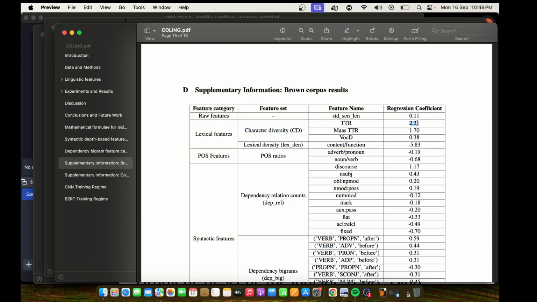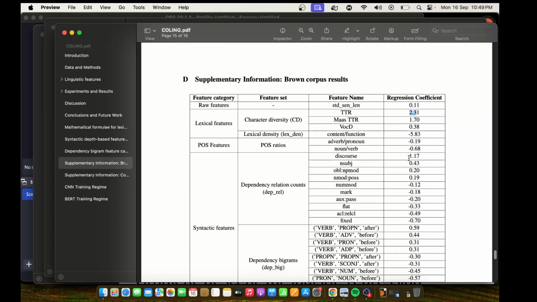The higher the TTR, the more likely the text is to be fiction. And similarly, if you have a negative value, then it is negatively correlated. And even the numerical value would give us an insight on how important a particular feature is.